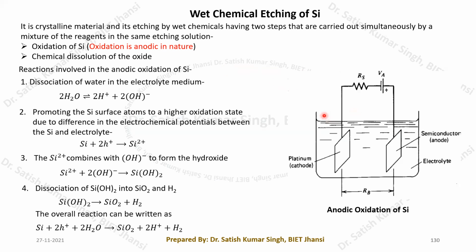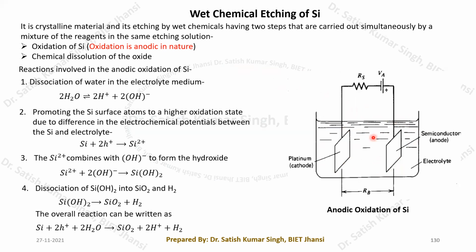First of all, we need to take a certain electrolyte solution, and within this electrolyte we have to add a certain amount of water. It may be available in the form of a chemical reaction, it may be generated, or it may be added externally. So we have to have water within this electrolyte medium.